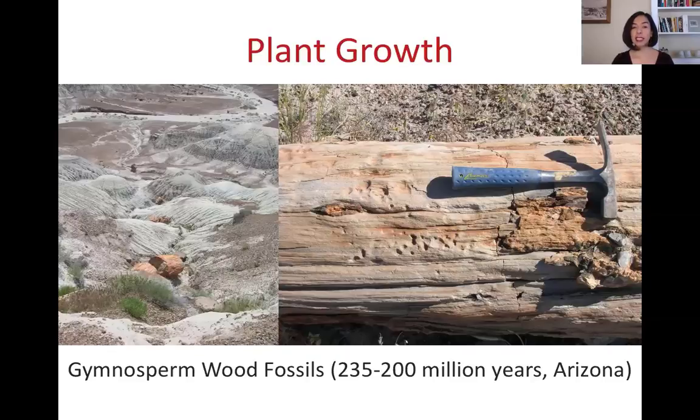So how did this fossil arrive there? Well, actually, this place was dominated by gymnosperms 235 to 200 million years ago. That means that the landscape in Arizona has changed dramatically and has aridified with time.